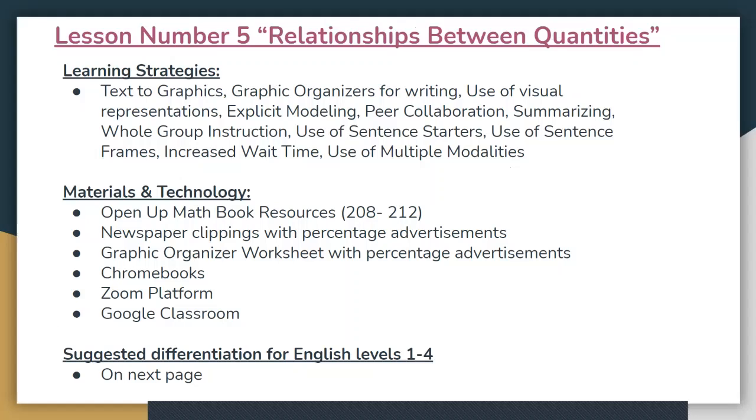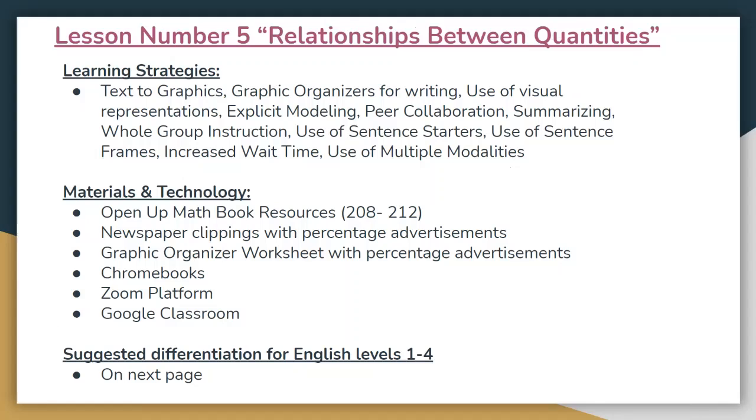Lesson number 5, relationships between quantities. Learning strategies are text to graphics, graphic organizers for writing, use of visual representations, explicit modeling, peer collaboration, summarizing, whole group instruction, use of sentence starters, use of sentence frames, increased wait time, and use of multiple modalities.